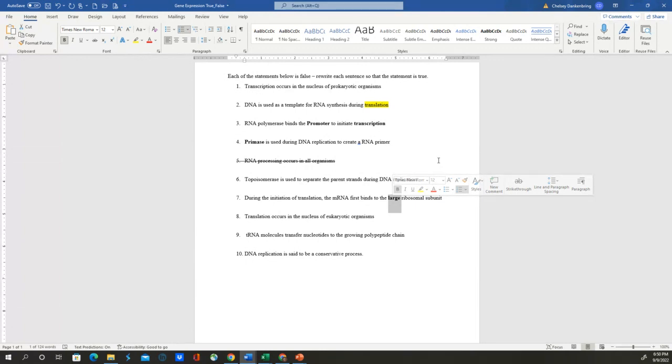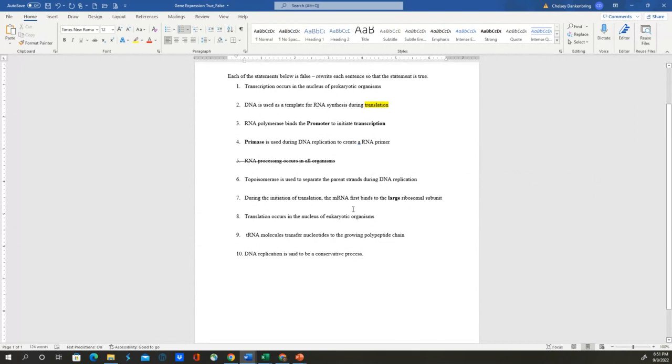The start codon, remember a codon is a set of 3 nucleotides, that's the AUG. The amino acid it's carrying is methionine. And then once all those are in place, the large subunit comes in and finishes the process. So the large subunit is the last thing to come together. Good job, y'all. I thought that would be a lot trickier.